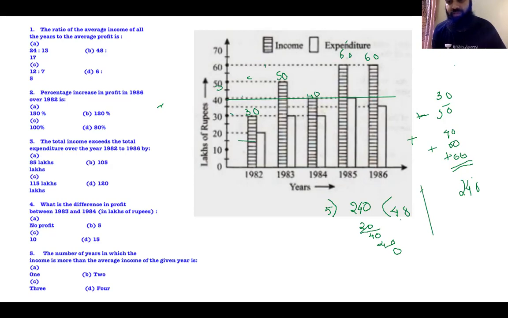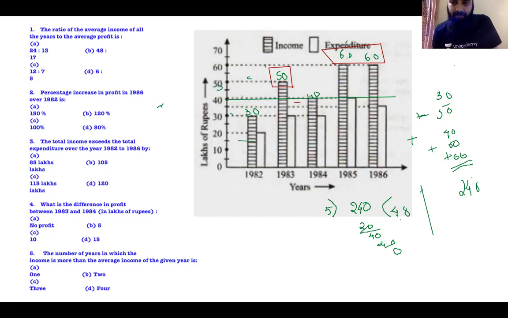Which are those cases? 50, 60, 60. So total number of cases are in the year.